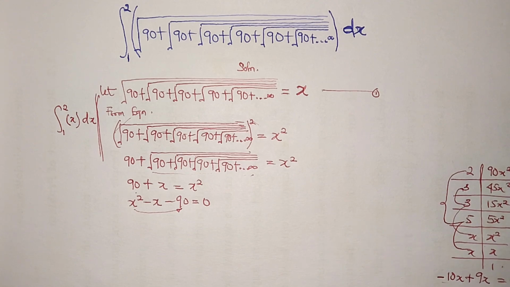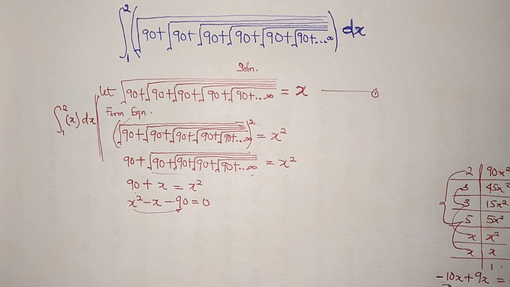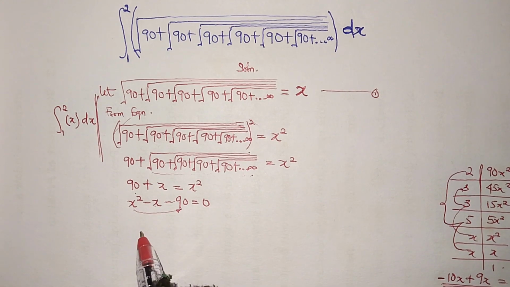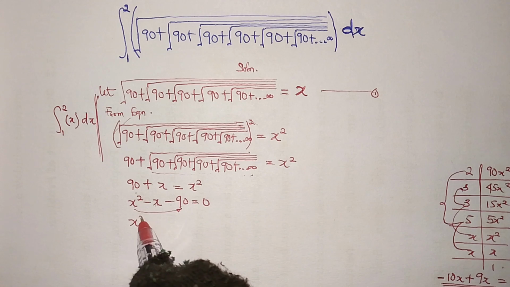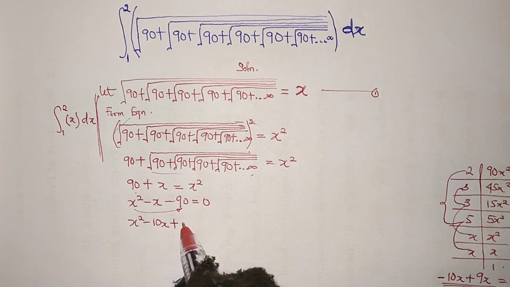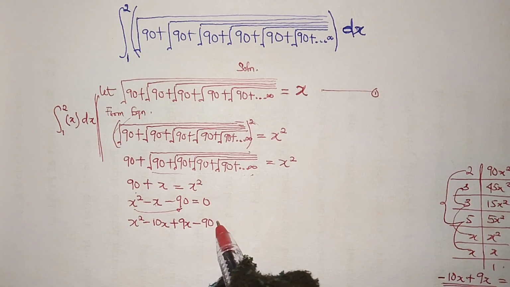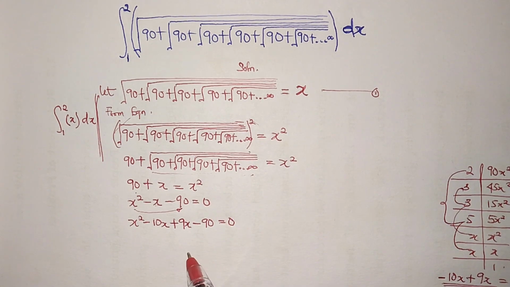And if we multiply minus 10 by 9, we have minus 90. So we substitute this here: x squared minus 10x plus 9x minus 90 equals 0.